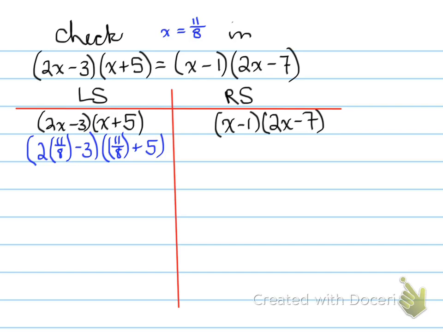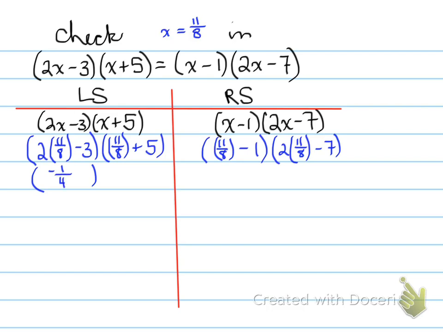And I do that also on the right-hand side. So again, 11 over 8 is replaced for x minus 1. And 2 times, instead of x, again, we write 11 over 8 minus 7. What we're going to do now is simplify both sides. So you take your calculators if you need to and calculate that first set of brackets, which will be 11 over 4 minus 3, which will be negative 1 over 4.